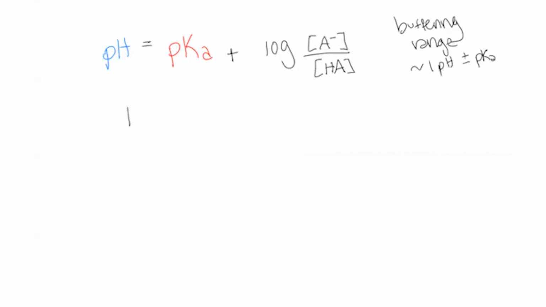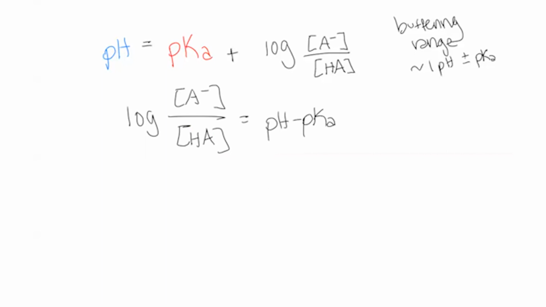So we can write things as the log of A minus over HA equals the pH minus pKa. And this is going to be some value that will be given. We'll know the pH and we'll know the pKa, and so we can just subtract those. Now to undo this, we'll take the antilog of both sides.